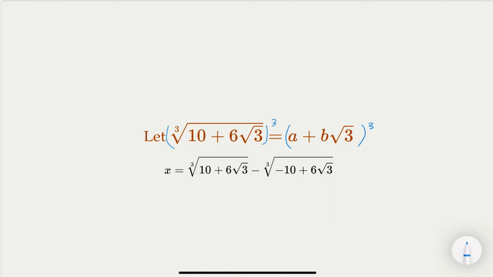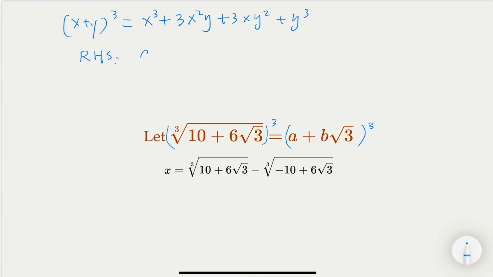Now before we do that, we need to recall the binomial formula for the third power: x to the third power plus 3x squared y plus 3xy squared plus y to the third power. So in this case, let's rewrite the right-hand side, a plus b square root of 3, to the third power, and expand it.